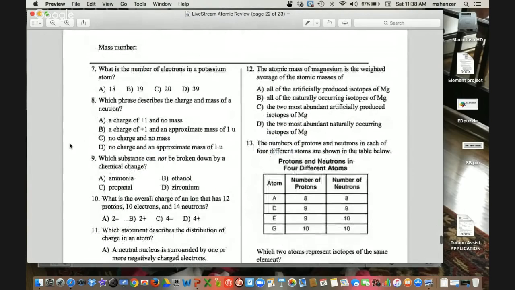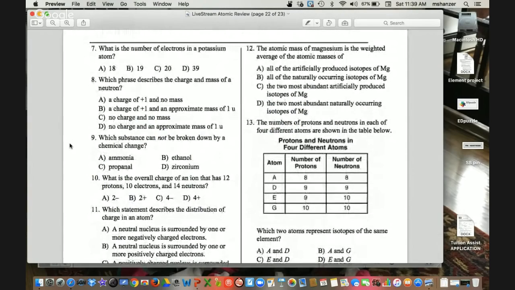Now let's look at some classic multiple choice questions. We can see question number 7. What is the number of electrons in a potassium atom? The word atom is a significant word in this question, because if it's an atom, we know that electron number is going to be the same as proton number, which is always going to be atomic number.